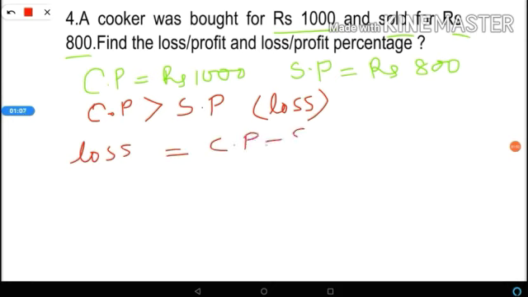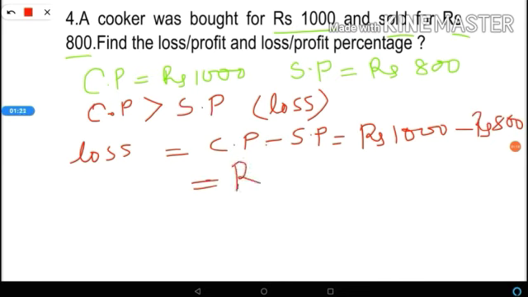Therefore, loss is equal to CP minus SP. Put the values in this formula. ₹1,000 minus ₹800. After subtracting, we got ₹200.